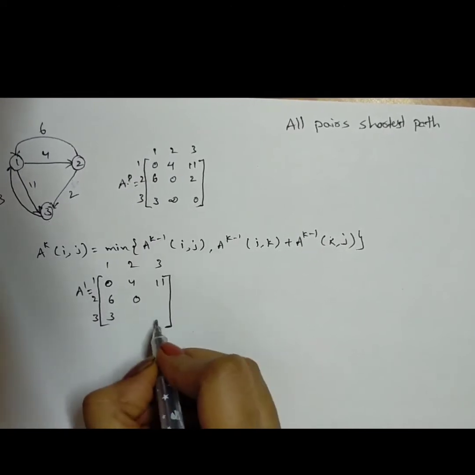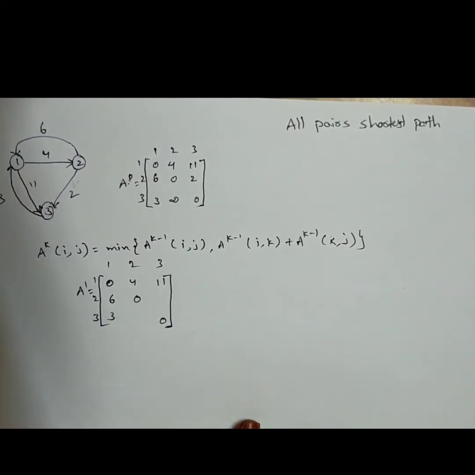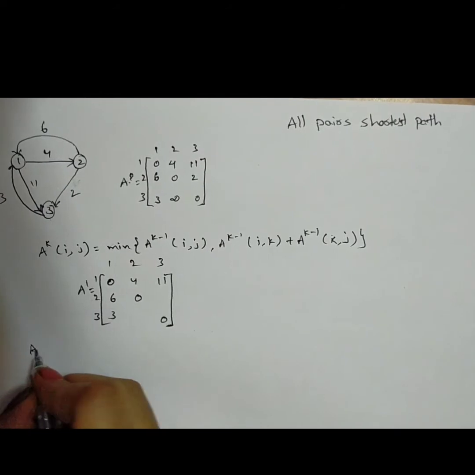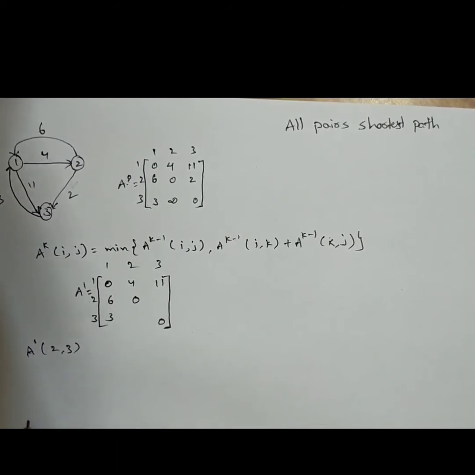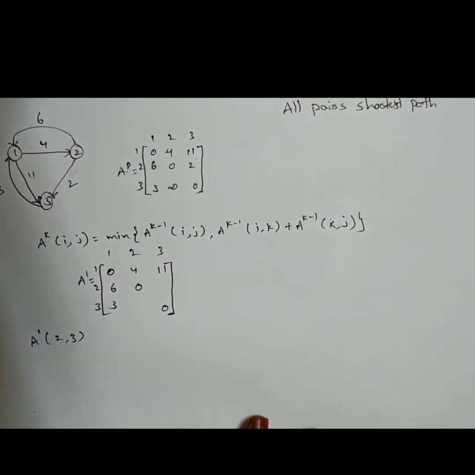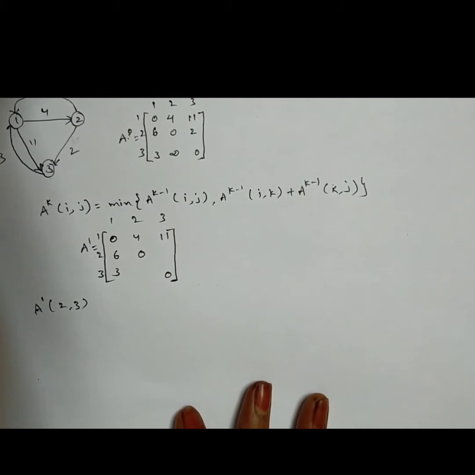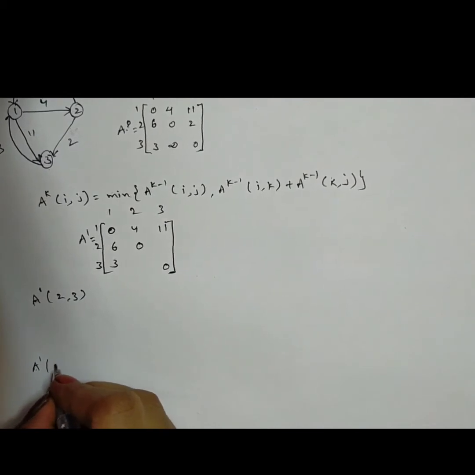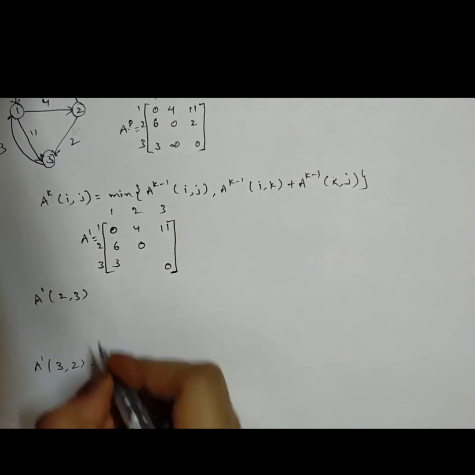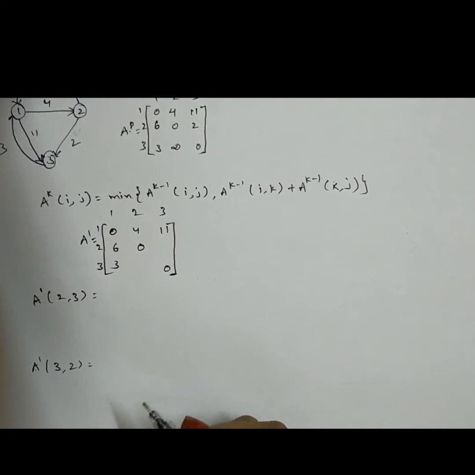The diagonals also remain unchanged. So we need to find the values of A1 of 2 comma 3 and A1 of 3 comma 2. These two values we need to find.